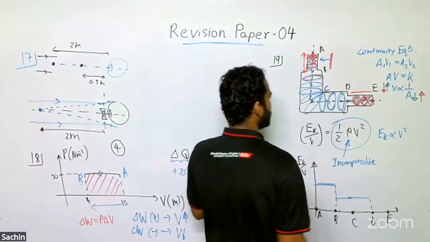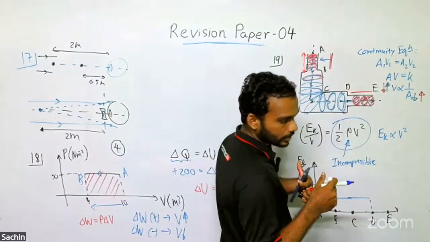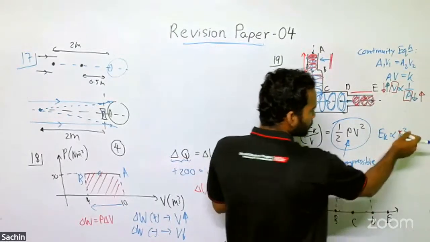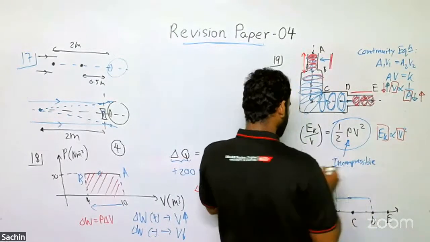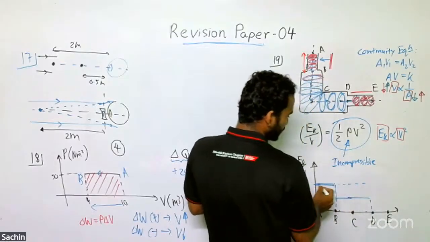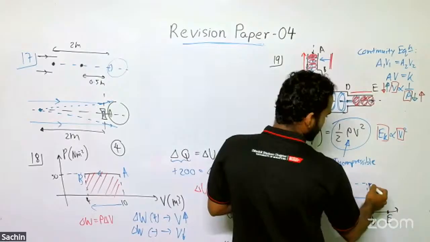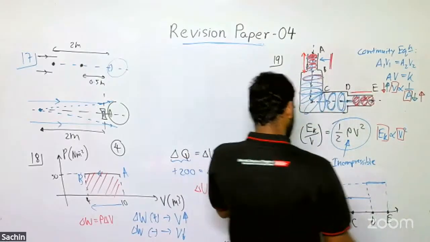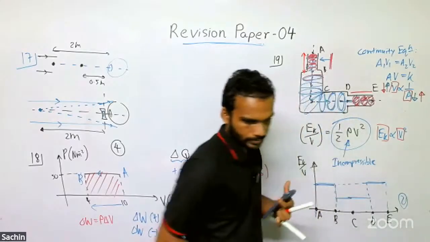So equal cross sections means equal velocities. So equal velocities means again equal kinetic energies. So obviously this should be as high as the value in the section AB. So the appropriate variation is given in the second option.